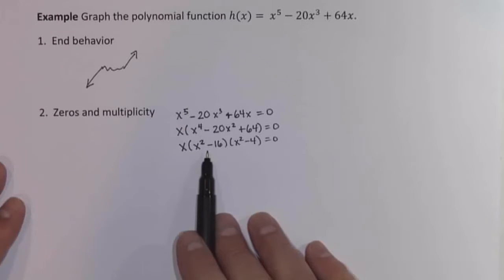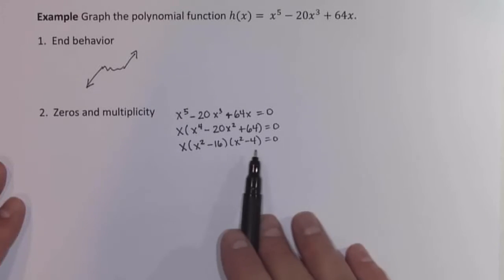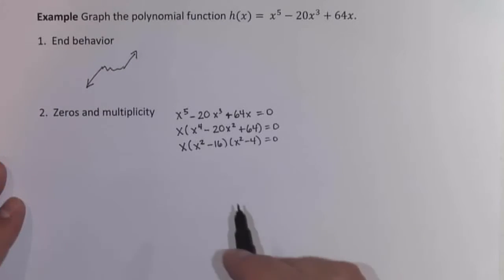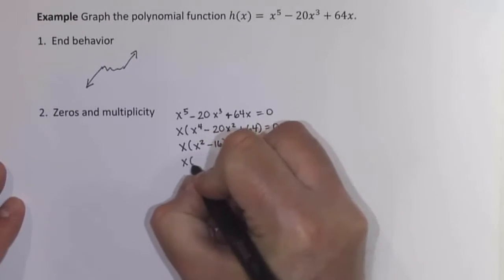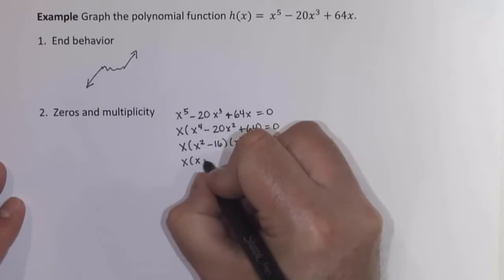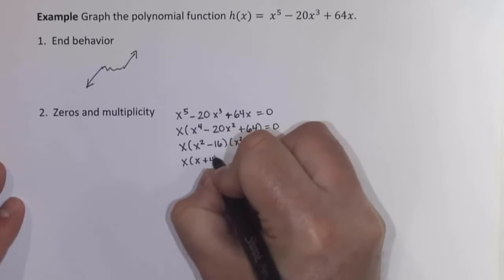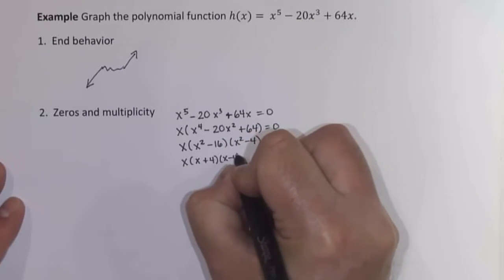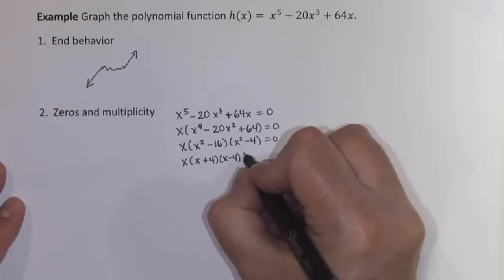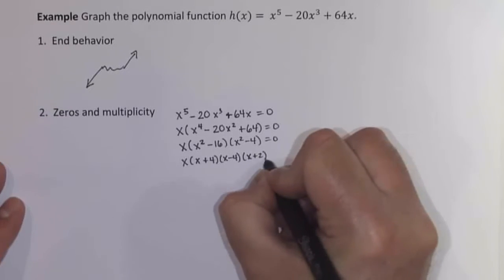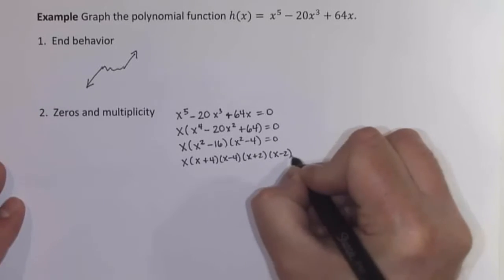And then x squared minus 16 is a difference of squares, so that will factor, and x squared minus 4 is a difference of squares, so that will also factor. And so x squared minus 16 factors into x plus 4, x minus 4, and x squared minus 4 factors into x plus 2, x minus 2.